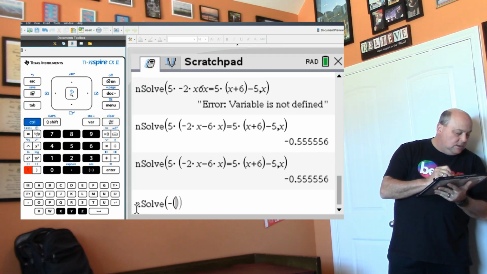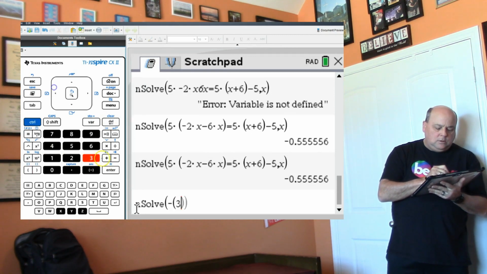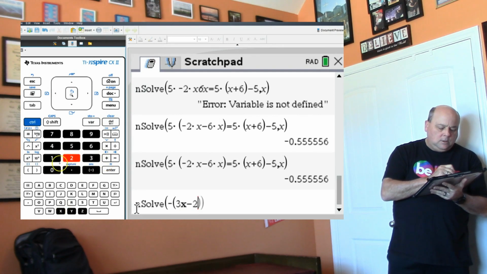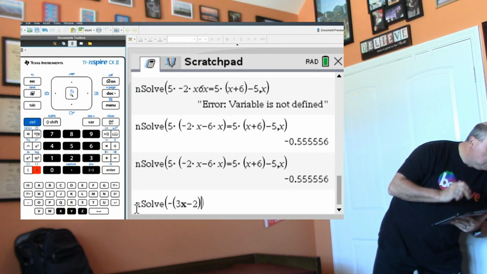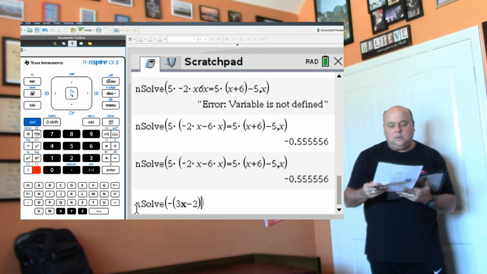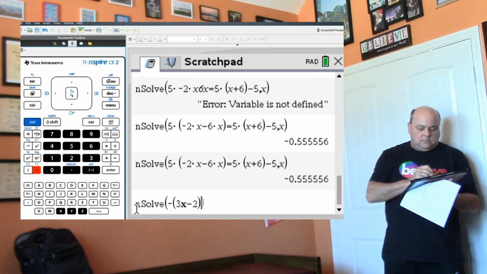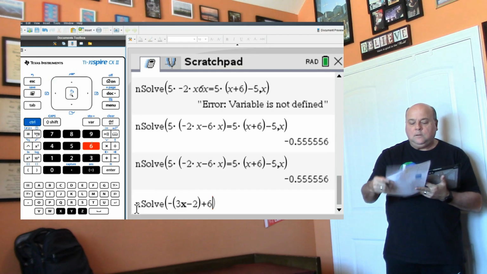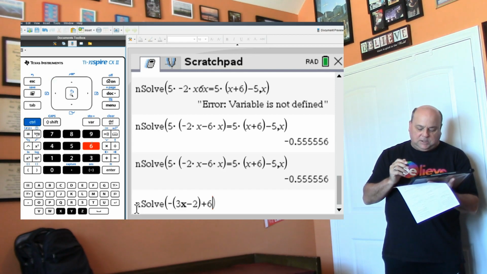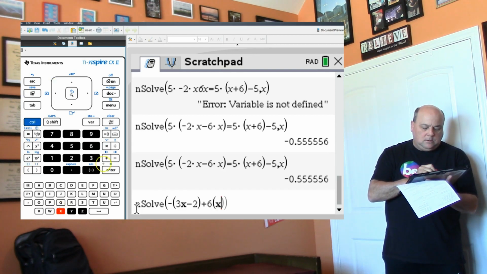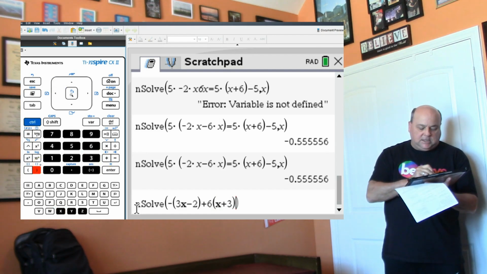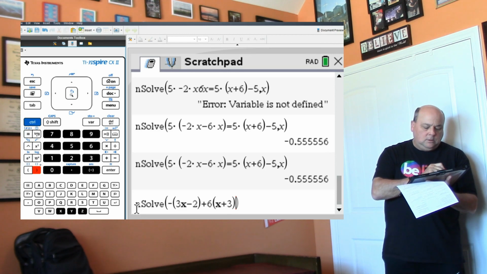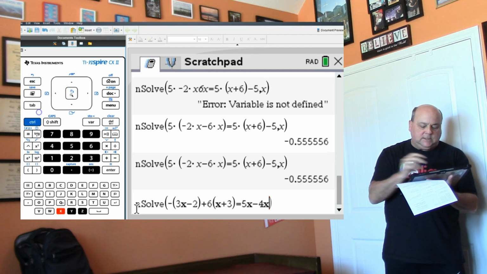Negative parentheses, 3x minus 2, close parentheses, plus 6, and then parentheses x plus 3, close parentheses, equals 5x minus 4x.